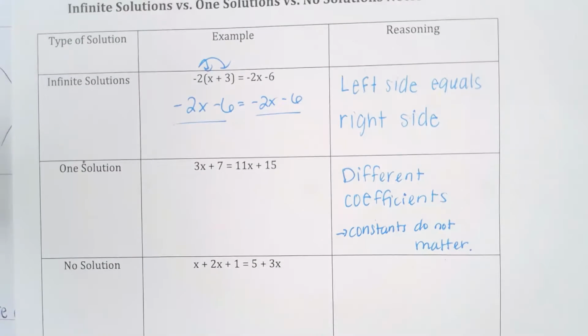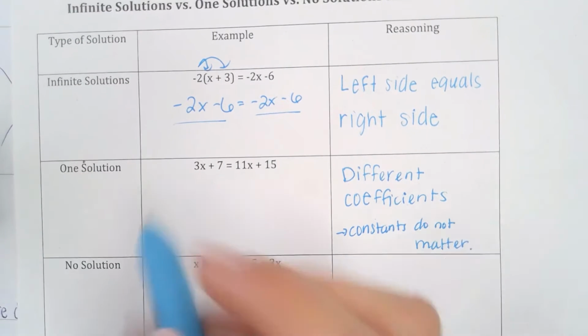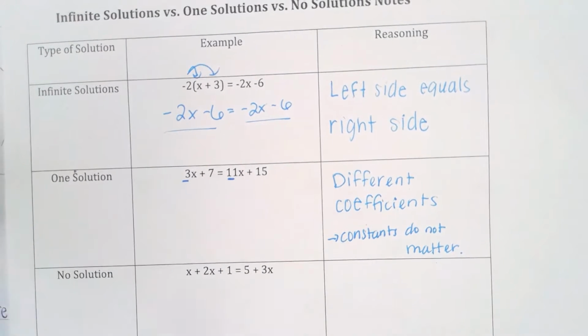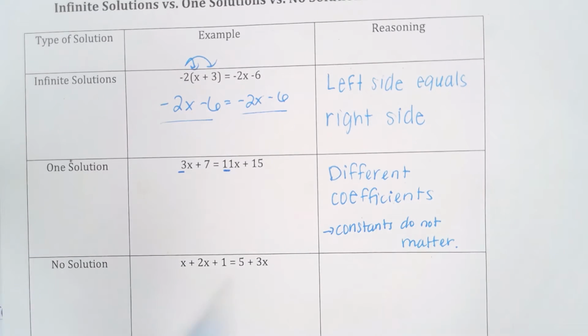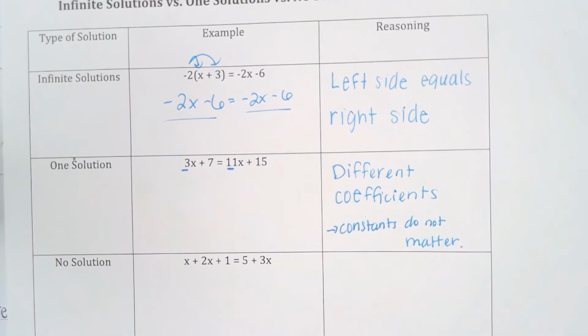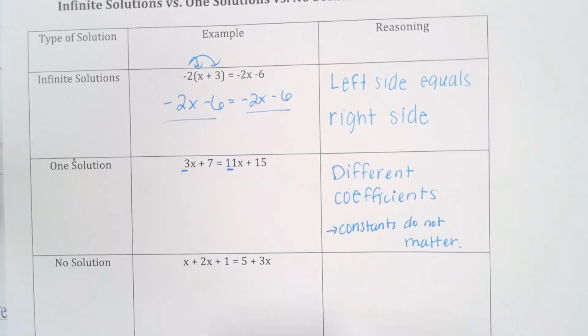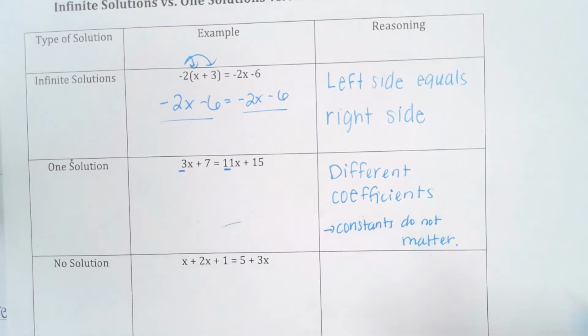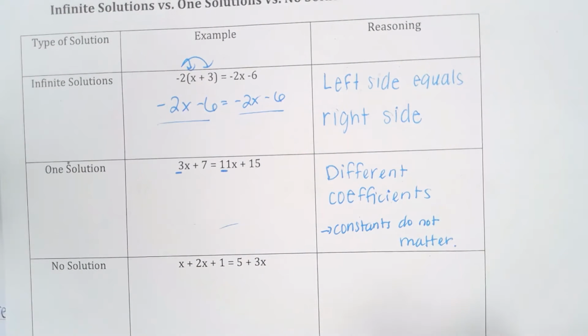What I mean by coefficients, these are the numbers that are attached to the variable. As you can see, 3 and 11 are different, so I know right away that I'm just going to get one solution, because if your coefficients are different, you are going to end up with x equals some number, which is what you are used to.